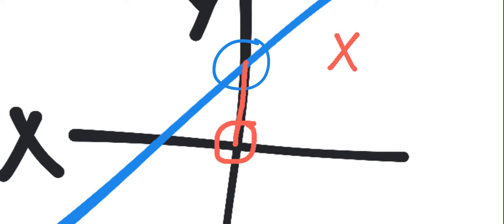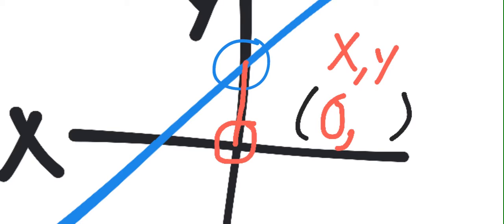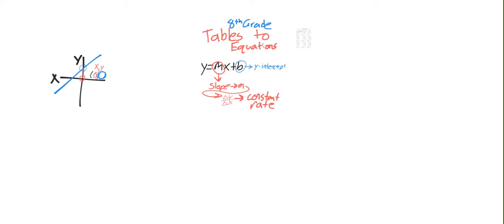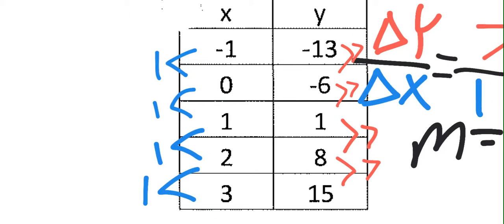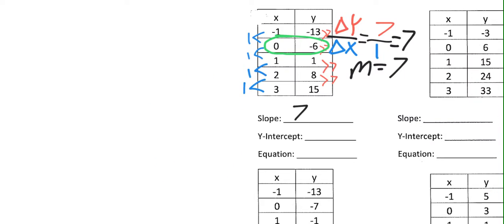So if I have an xy pair, if x is 0, whatever number is here for my y, that number right there has got to be my y-intercept. So I'm going to go back over here now. Looking here, x is 0, so -6 is going to be my y-intercept.